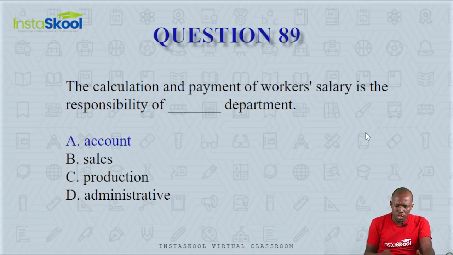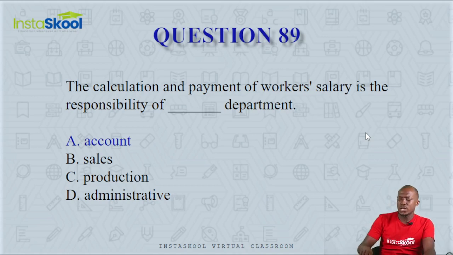The production department is in charge of production of goods and services. The sales department is in charge of selling the goods to customers, while the accounts department is in charge of keeping all financial transactions, which include buying, selling, and payment of expenses, with salaries inclusive.